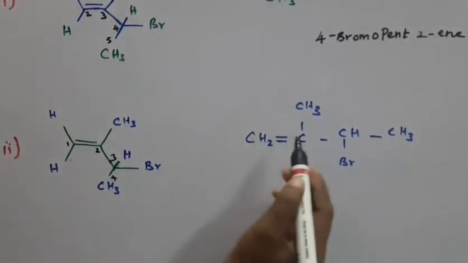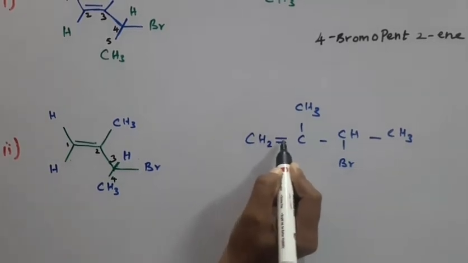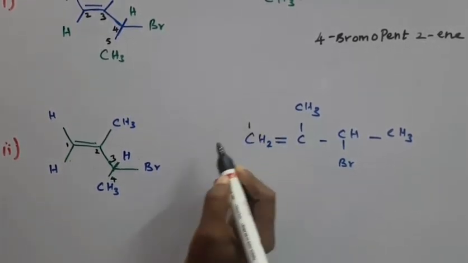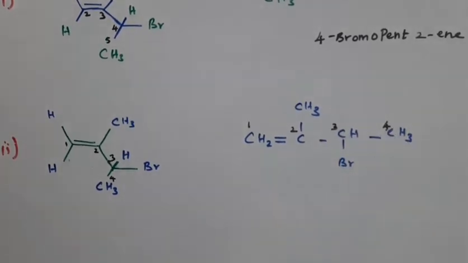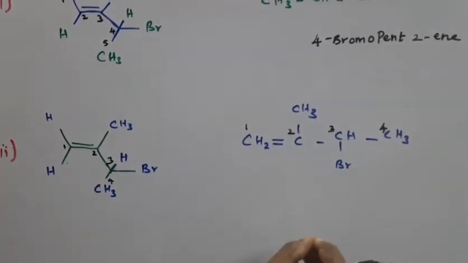After that, number the double bond carbon first, 1, then 2, 3 and 4. The root word is but.